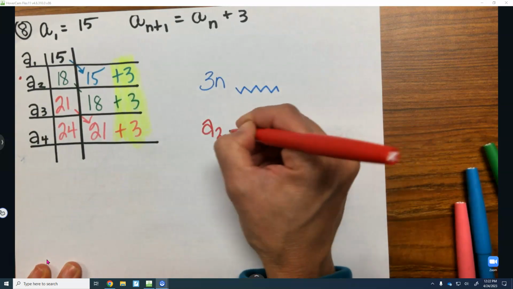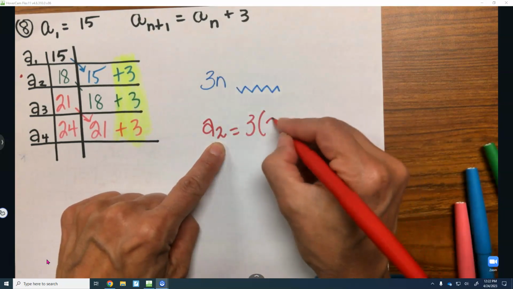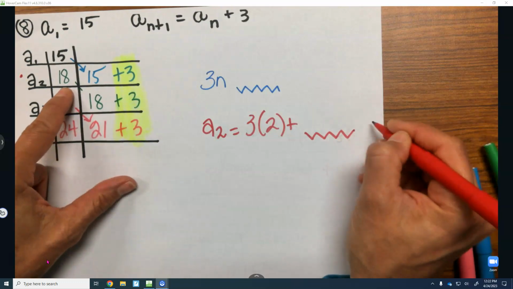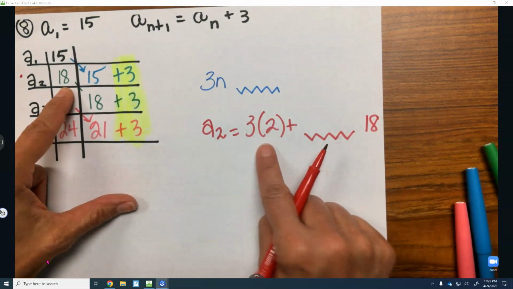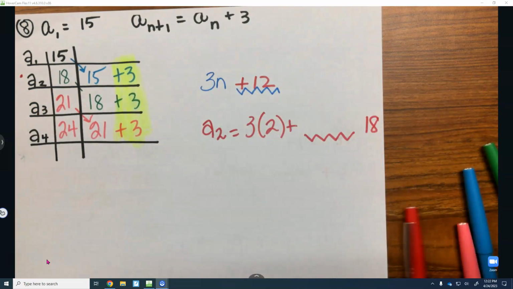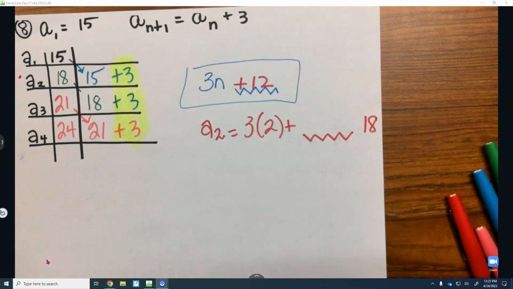So a sub 2 means I drop 2n for that letter, but I need to adjust something because it should equal 18. This is only 6. Plus 12. That's it, right? Plus 12, and then let's move on. All right, so that was problem 8.